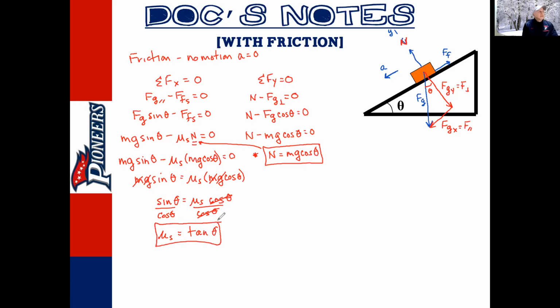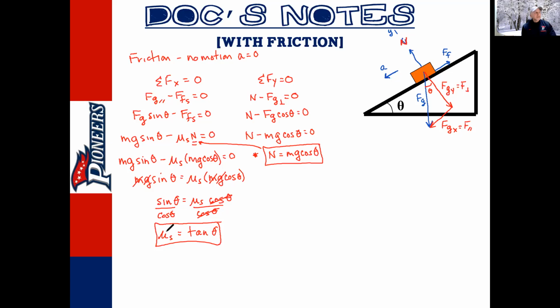And so we get this nifty little result: if we know the coefficient of static friction between whatever this red square is and the incline, we can find the angle at which it would start to slide by simply taking the inverse.